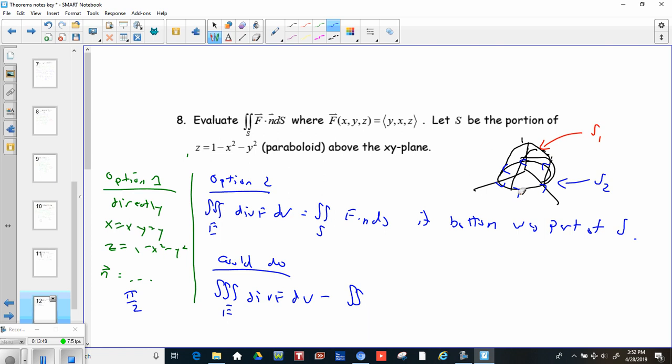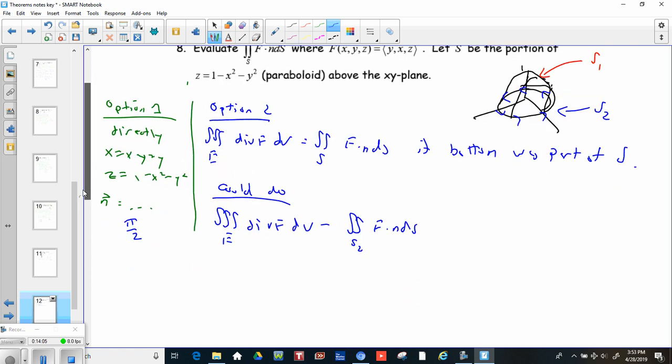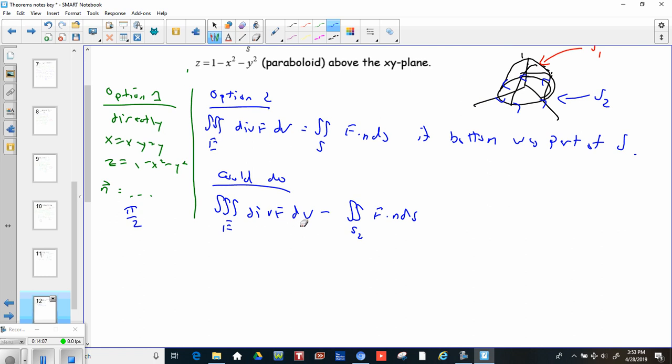Now it's not actually included, so what we could do is take the divergence, which would include it, and then subtract off the surface integral of that, because it wasn't really supposed to be there in the first place, over S2 of f dot n dS. So we're really going to combine a couple of different things here to do this.